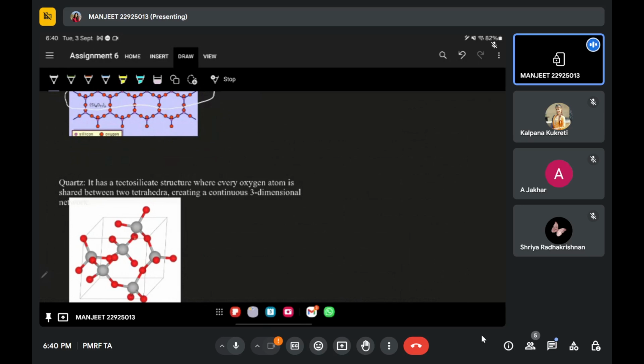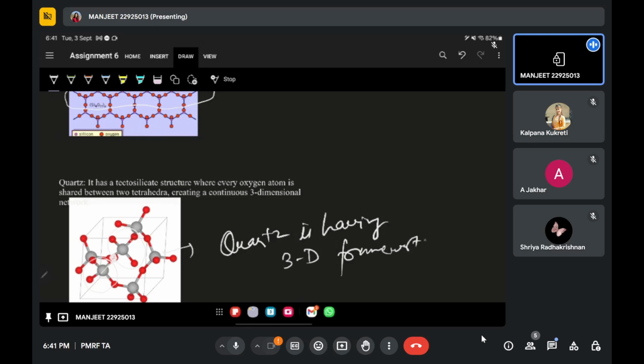If I see this oxygen atom, let's say this is my oxygen atom, it is shared by this tetrahedron, and this oxygen is also shared to this tetrahedron. So my quartz is having the three-dimensional framework, or we can say this is your tectosilicate.